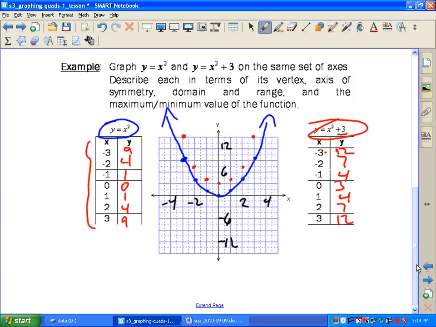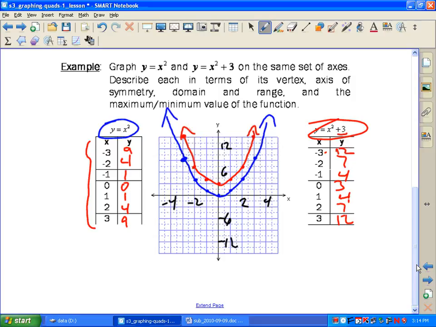So now we're going to get something that looks like this. And there we go. Okay, so that's what we get when we graph y equals x squared plus 3.